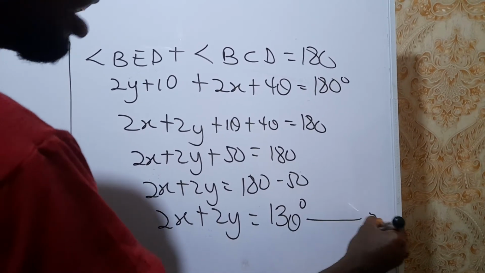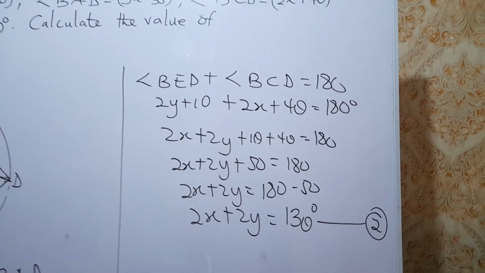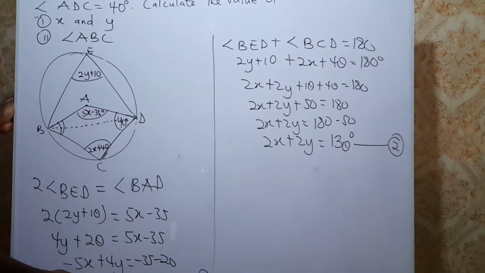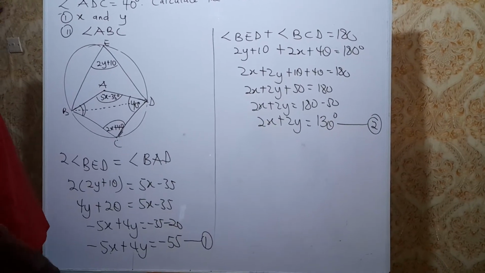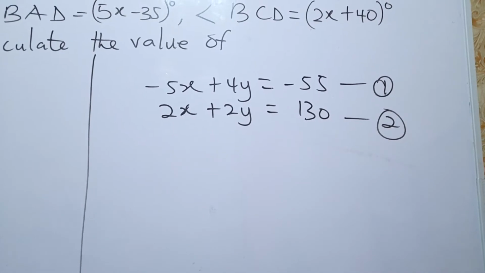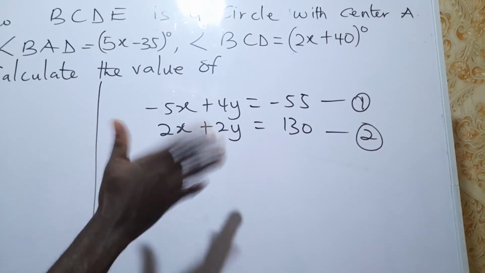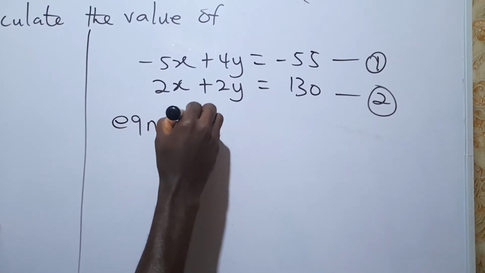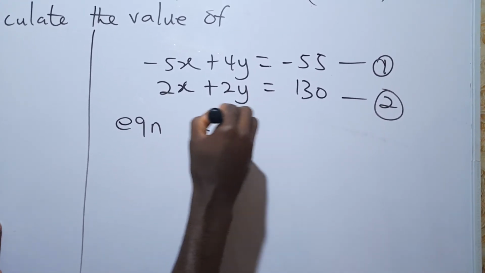Then we have our second equation. So now we can solve equation 1 and equation 2 simultaneously to get a value of x and y. So we have our two equations. Let's solve them simultaneously. I want to solve this by elimination. So I'll multiply equation 2 by 2.